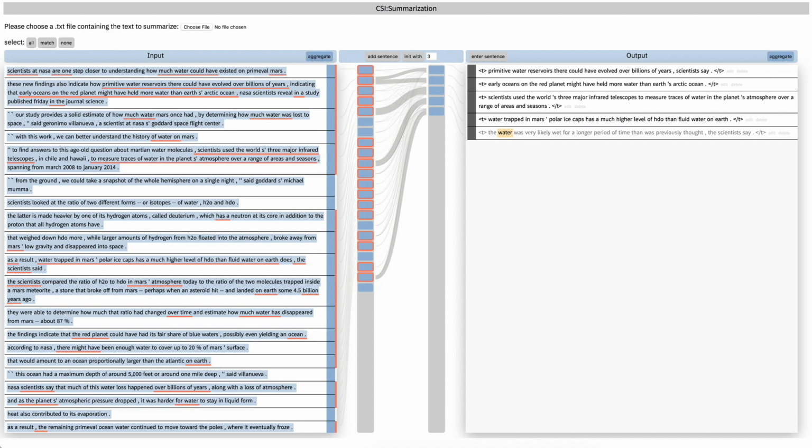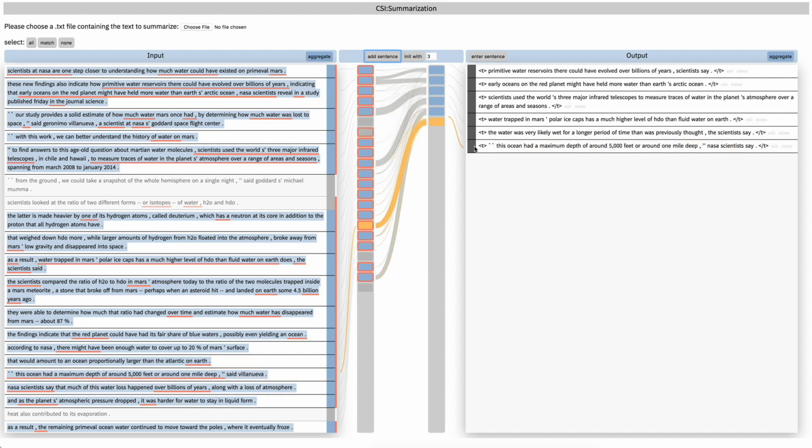To finalize the summary, Anna wants to write a sentence about parts of the input that are currently not included in the summary. She selects a previously not covered sentence in the input and requests a suggestion. She approves of the suggestion, but dislikes the repetition of "scientists say," which she quickly removes.